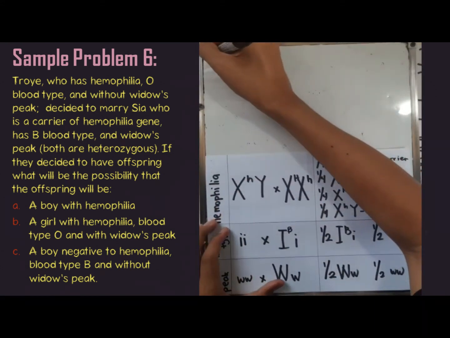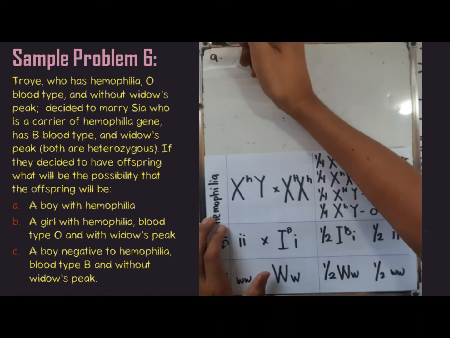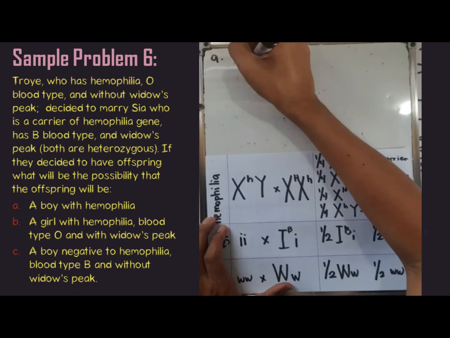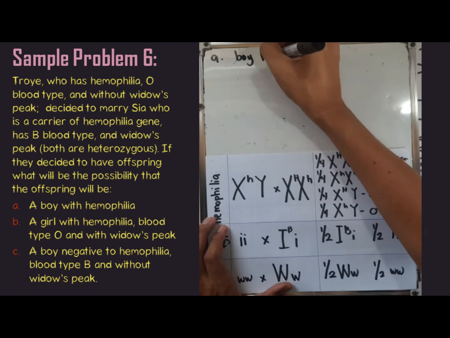Now let's answer the question for letter A. According to letter A, we are asking for the probability for a boy to have hemophilia.